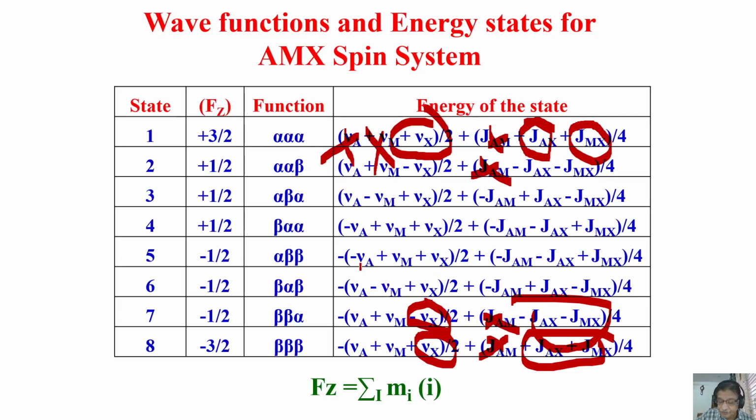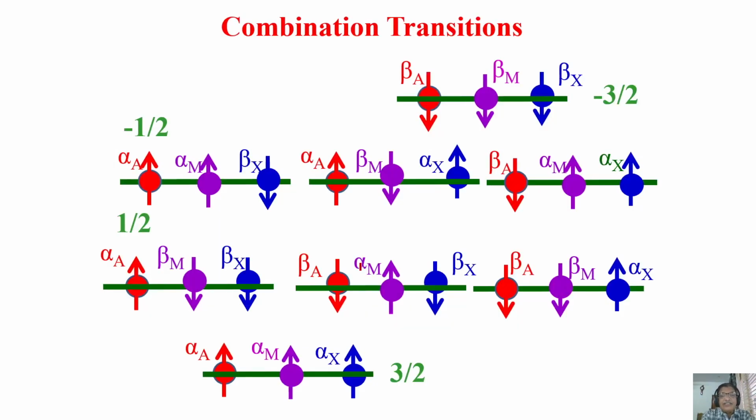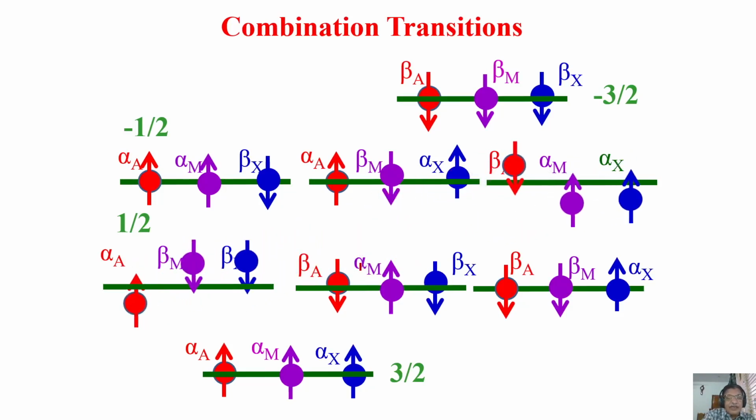Okay, from the center. In addition to that, are there any additional transitions possible here? If you carefully see, look at this one. Plus half to minus half is 1. All the three spins are changing position. Look at it.